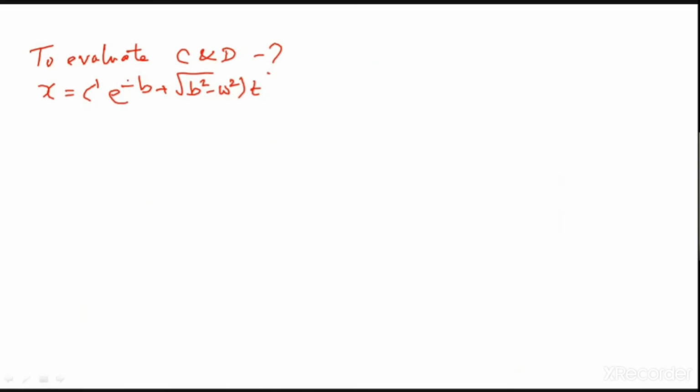To evaluate c and d, how to do it? We know that x is equal to c e to the power of minus b plus or minus root of b square minus omega square into t, plus d e to the power of minus b minus root of b square minus omega square into t.